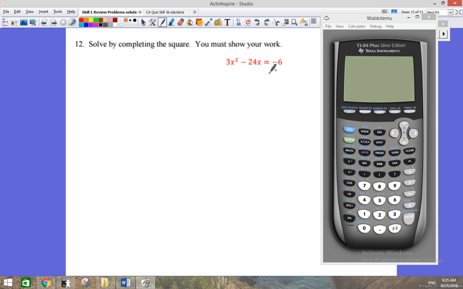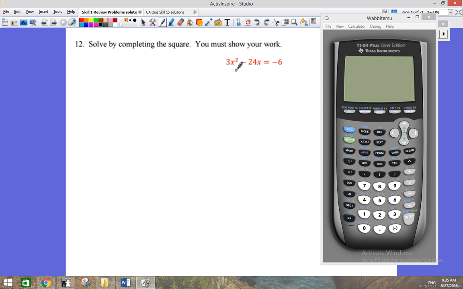Now, in completing the square, you've got a 5-step process. I gave you an additional page of notes with that skill packet that had things about the discriminant on there and this completing the square. So the first thing that we notice is that the variables are on the left-hand side and the constant is on the right. Sometimes you'll have to move that constant term to get that first step accomplished.